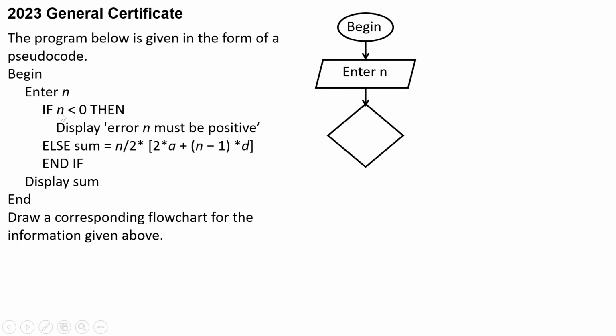Instead of saying if n is less than 0, you put, is n less than 0, with a question mark here. So this is a condition.